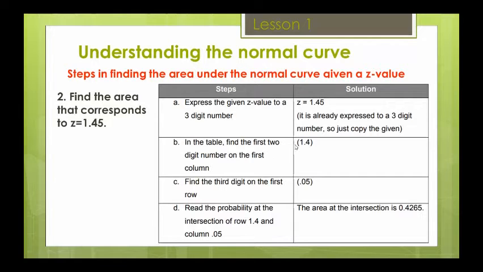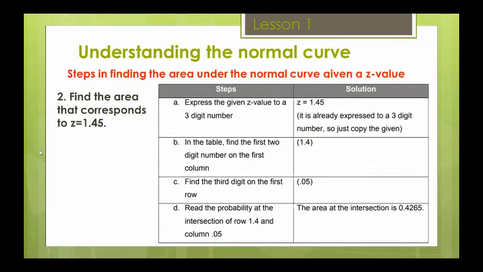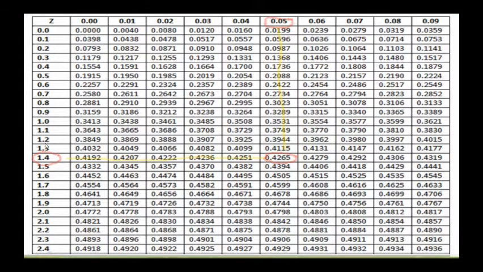So first 2 digits is 1.4, right? So dito sa first column natin, hahanapin na natin yung 1.4. So dito siya. And then, find the third digit on the first row. So first row, what is our digit? That is 0.05, third digit. So 1.4 and then ano yung third digit is 5, that is 0.05.